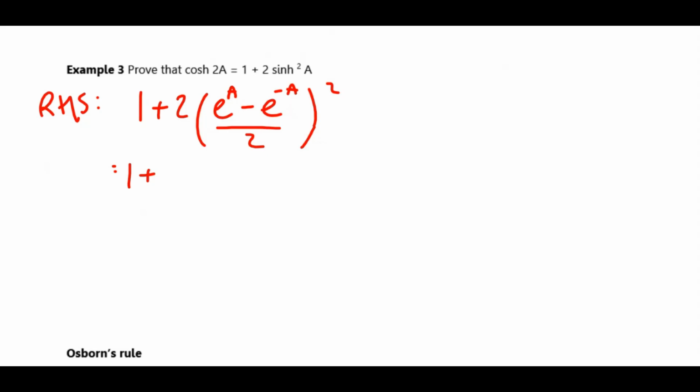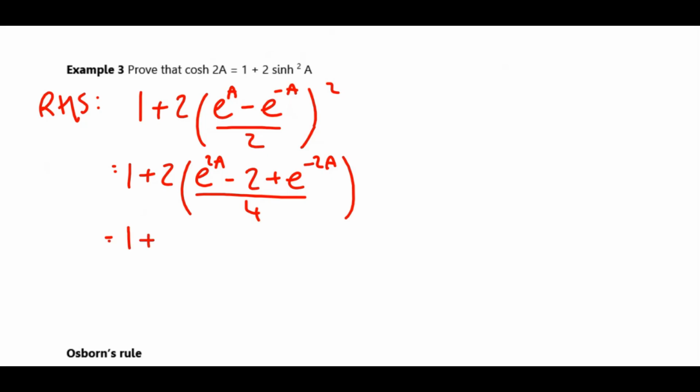So we've got 1 plus 2 times e to the 2a minus 2 plus e to the minus 2a when we expand that out. It's all over 4. The 2 and the 4 will cancel.